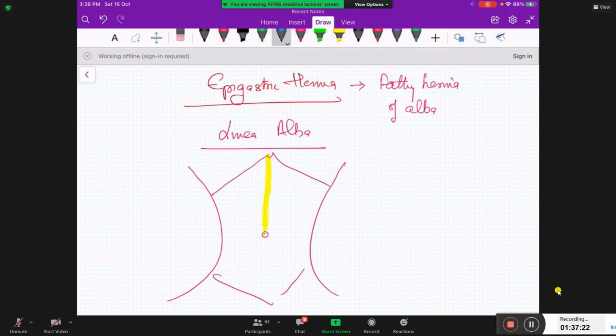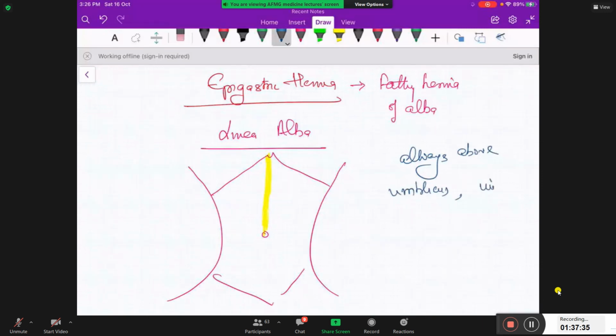And since this hernia is coming out through linea alba, this hernia is always above the umbilicus. It is always in the midline also.